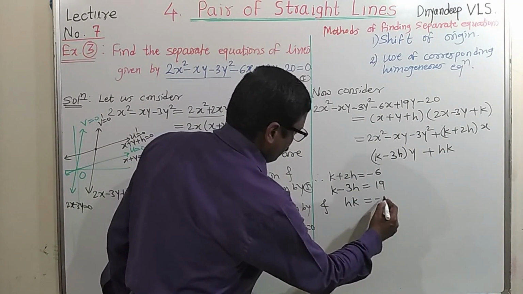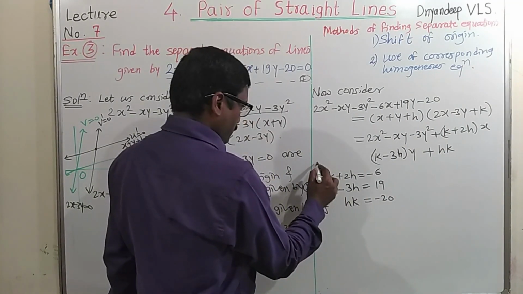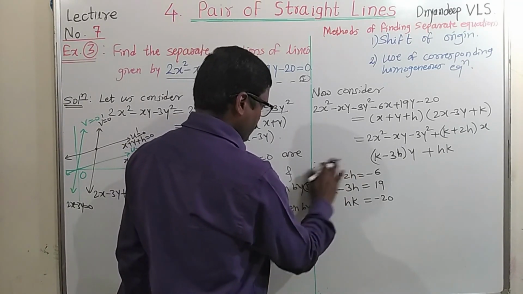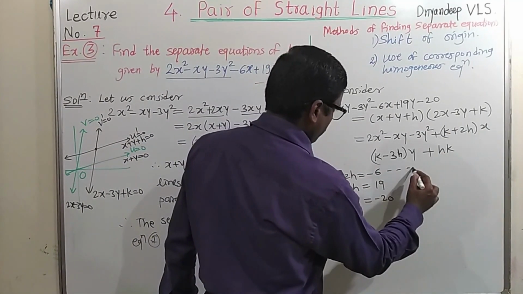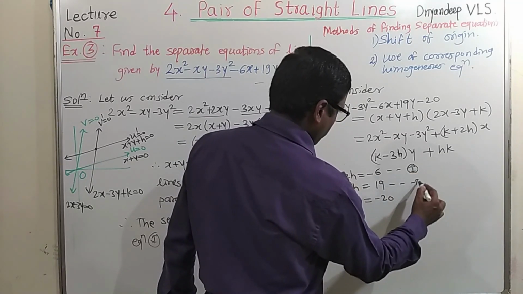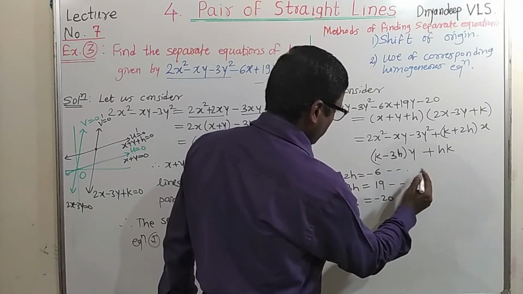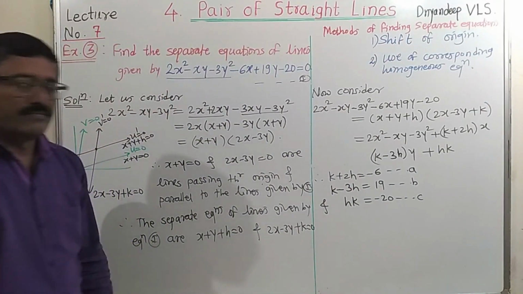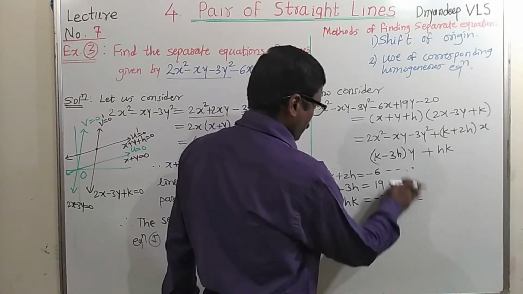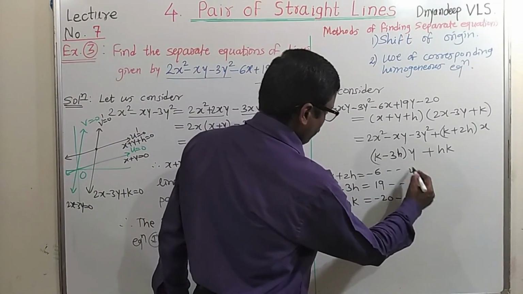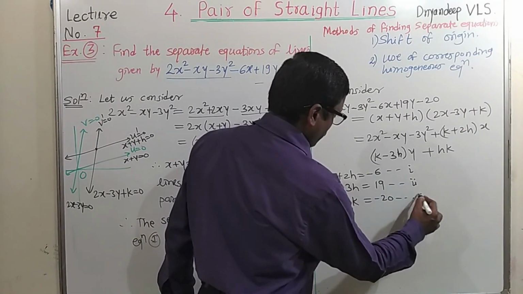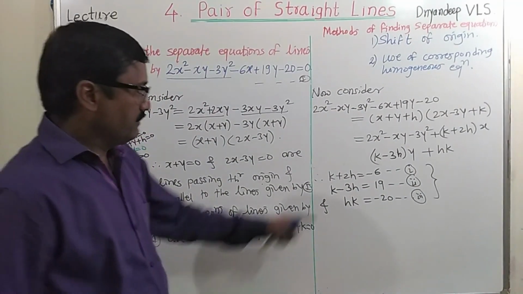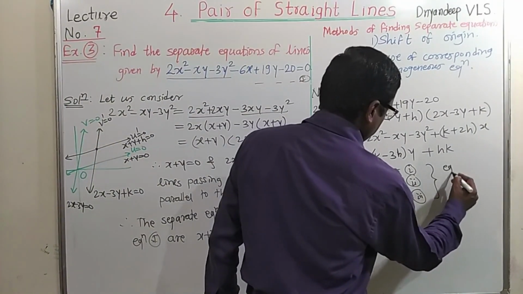Let us suppose this as first equation, this as second, and this as third, because A, B, C are again constants of our general equation.